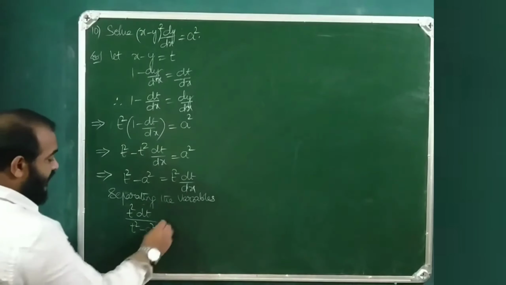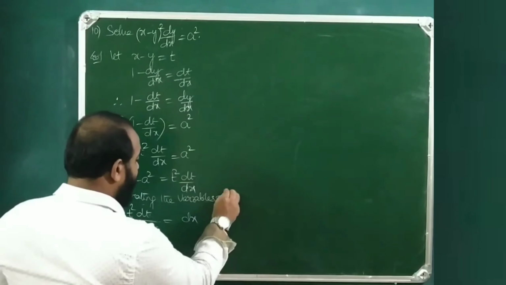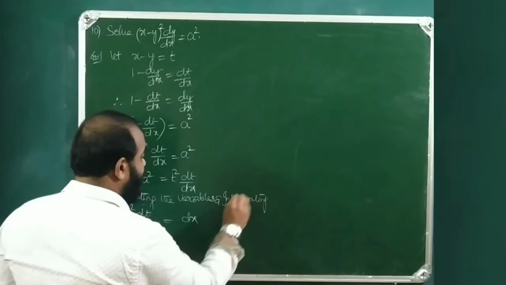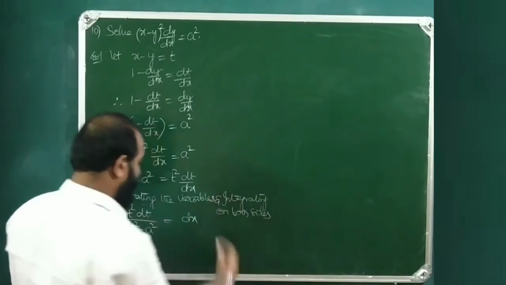If you transpose onto this side, this is dx. And integrating on both sides, we get this.